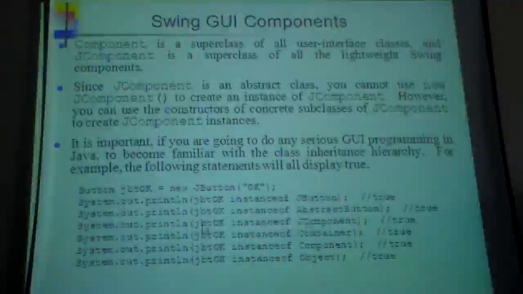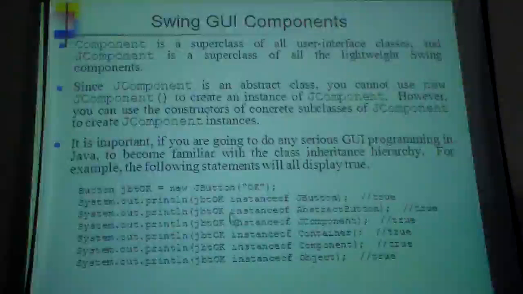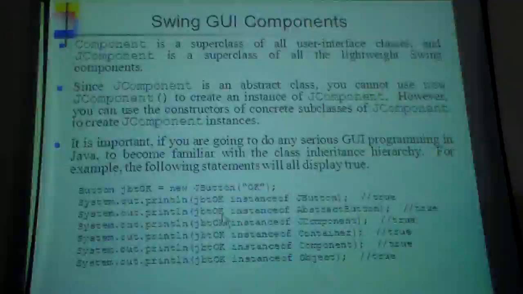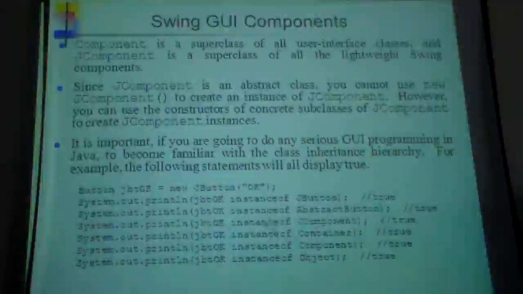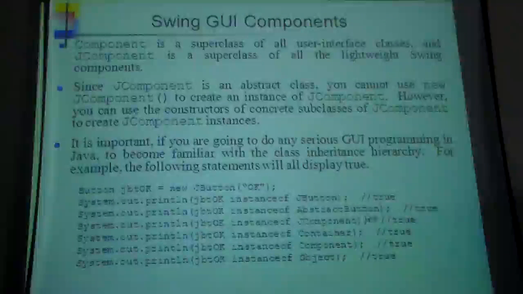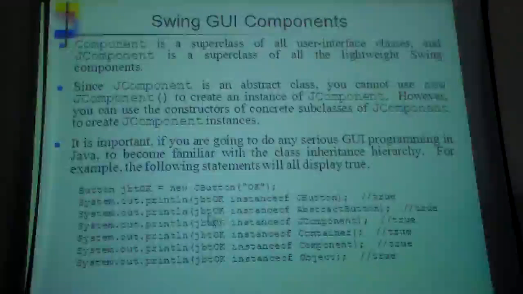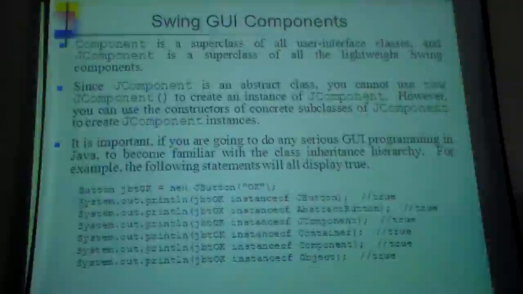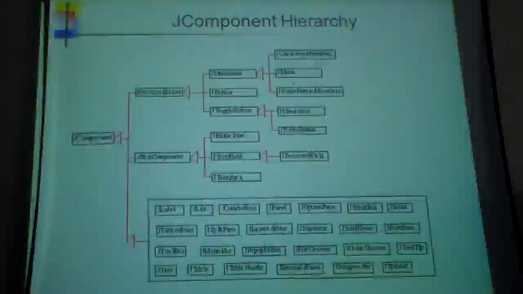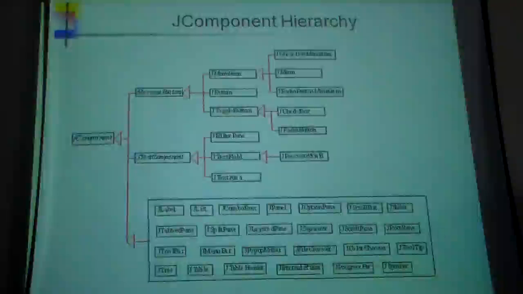So also JButton instanceof AbstractButton is true, because it is from button. Button comes to JButton, and JButton inherits from AbstractButton.